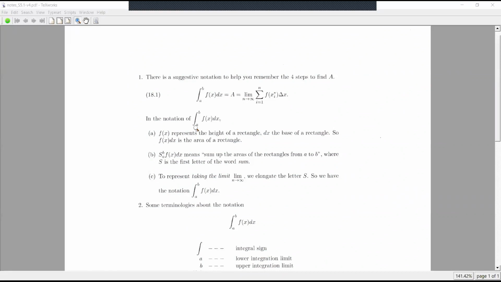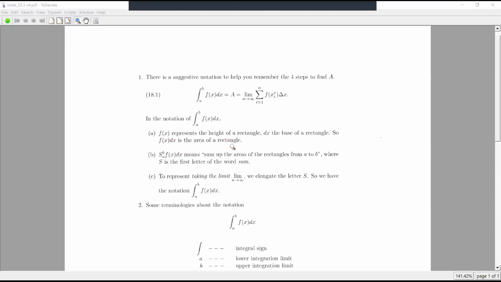In this notation, the function f represents the height of a rectangle. dx represents the base of a rectangle. So f of x times dx is the area of a rectangle.